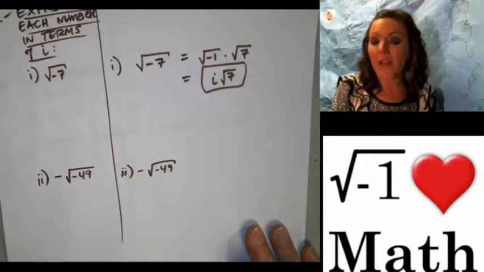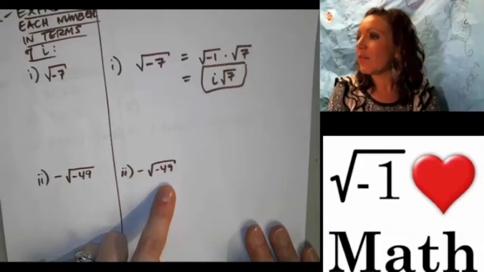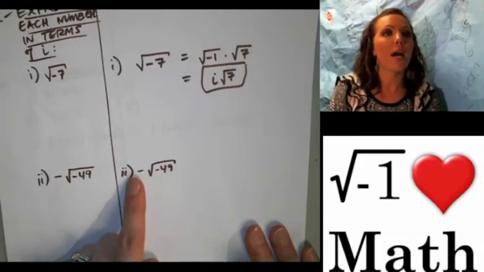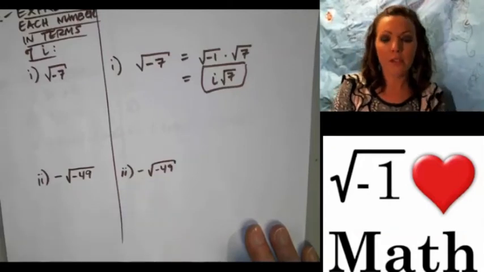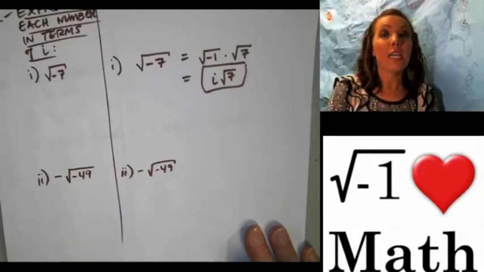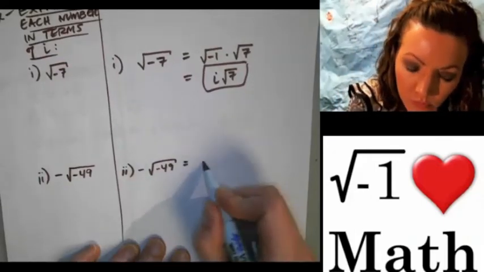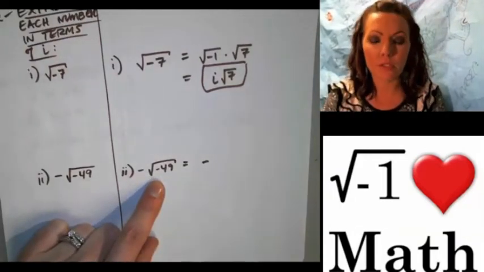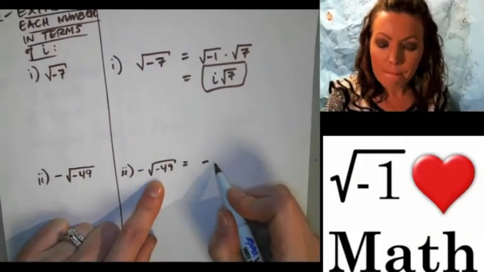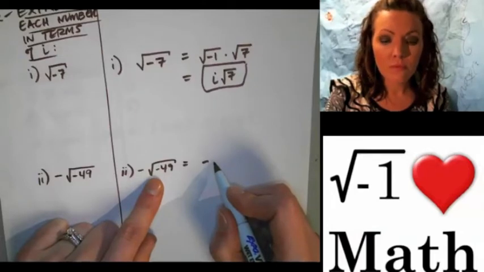So can somebody tell me how we can rewrite -49 in terms of +49 times something else? Can you say that again? So how do I rewrite -49 in terms of +49 times something? Okay, so wouldn't it be like i 7?